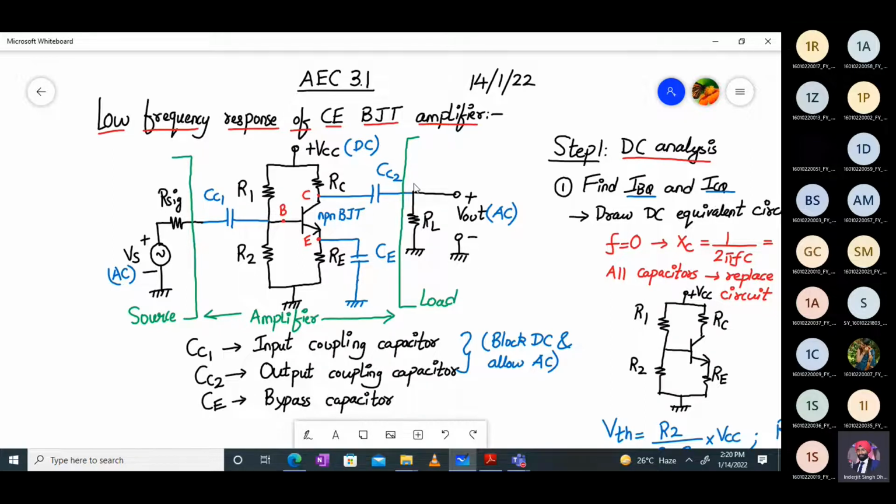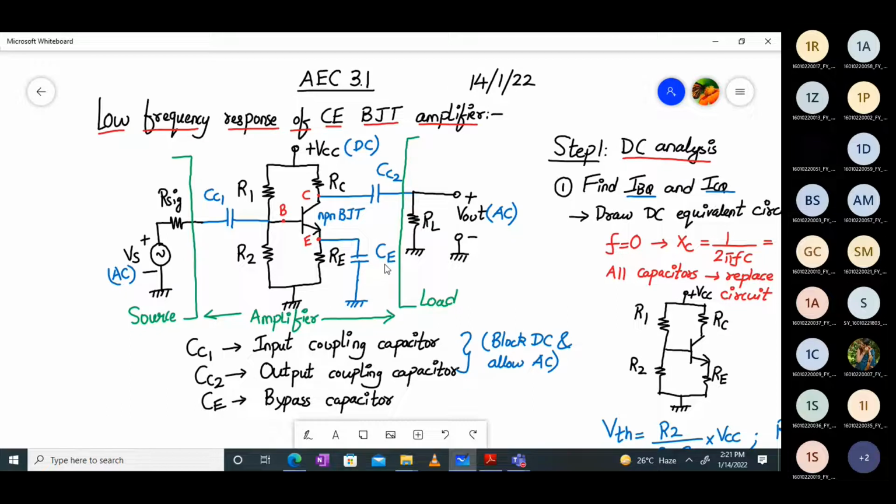Your collector terminal will contain both the DC quantity as well as the AC quantity, but at the output you only want AC. Vout is only an AC quantity. So in order to block the DC component, we connect the output coupling capacitor CC2.